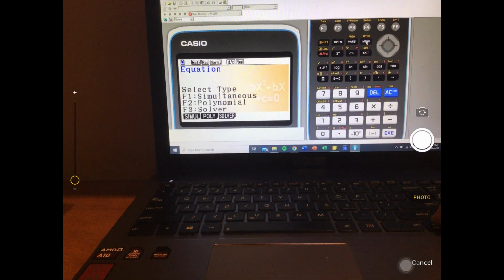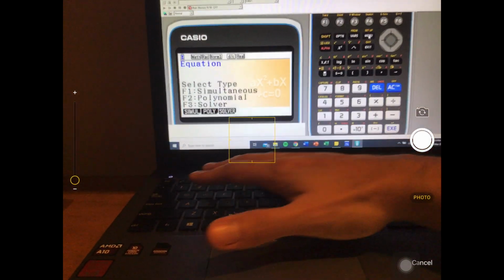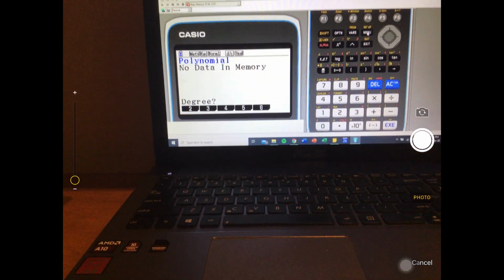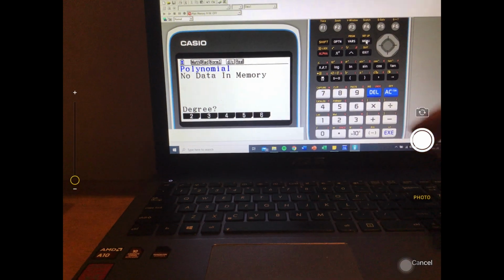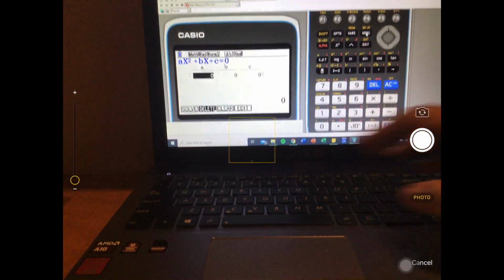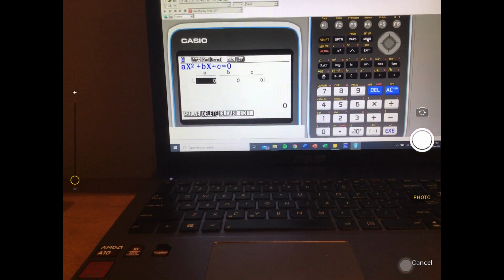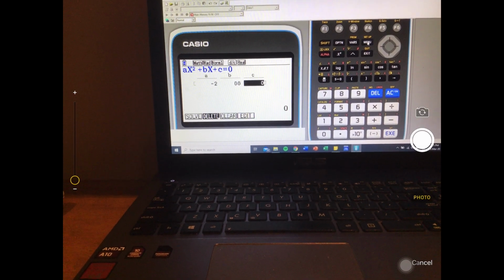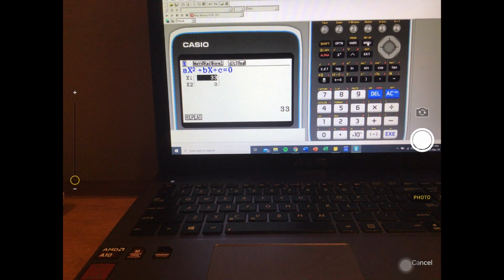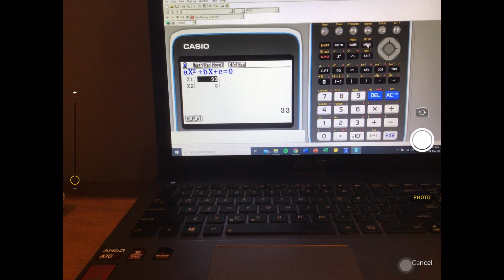In this case, it's a polynomial, right? Polynomial is F2. Degree 2 is a quadratic. Degree 2. And then we plug in the coefficients, which were -2, 66, and 0. Okay? Then you press execute, and you get the two values. N equals 33, and n equals 0.